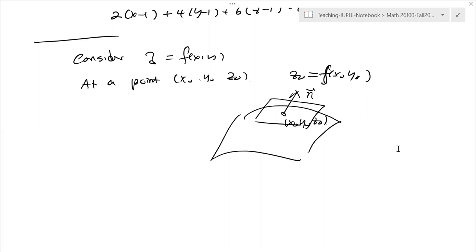So you can use that to find the gradient. You let h(x, y, z) be z minus f(x, y).